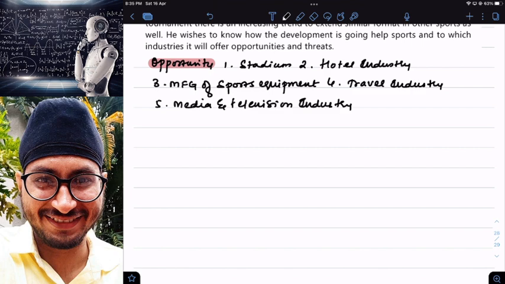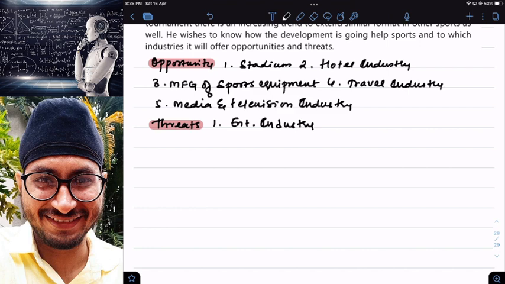In the same way, we also have threats. Which industries may have a threat, sir? Let us say, for example, the entertainment industry. Clear? Sir, when big tournaments like IPL are held, people may not be interested to watch movies because of which ticket prices may decrease, losses may increase, and people's footfall may not be there in the theaters.